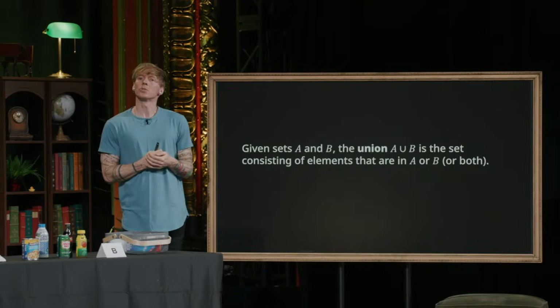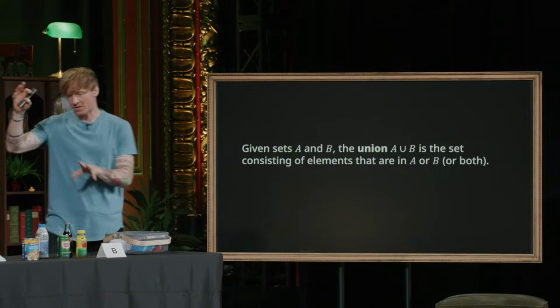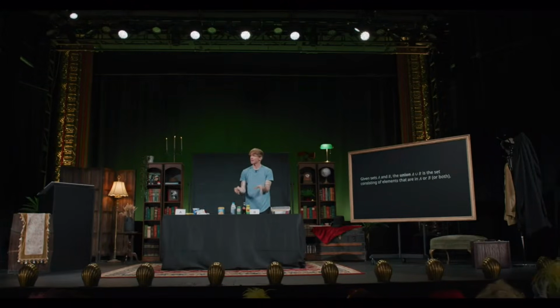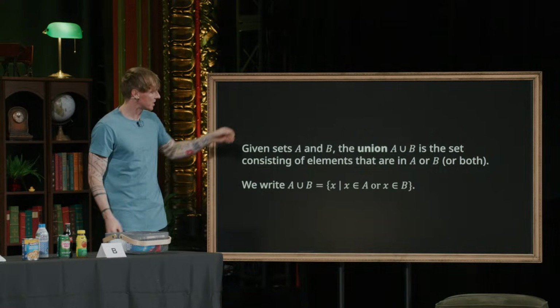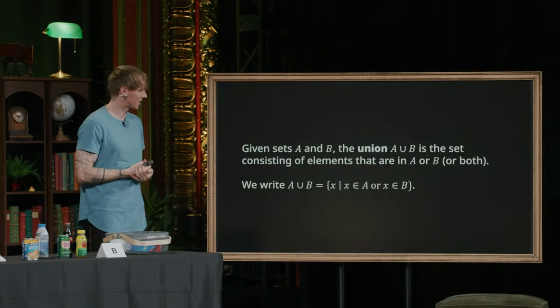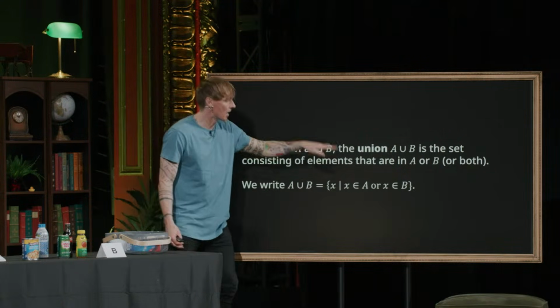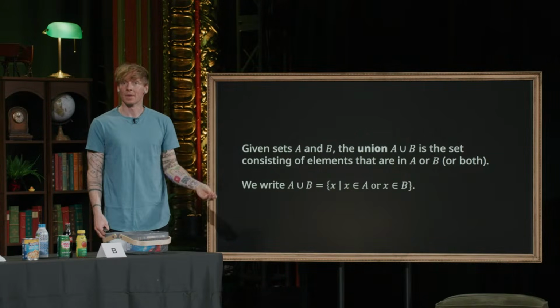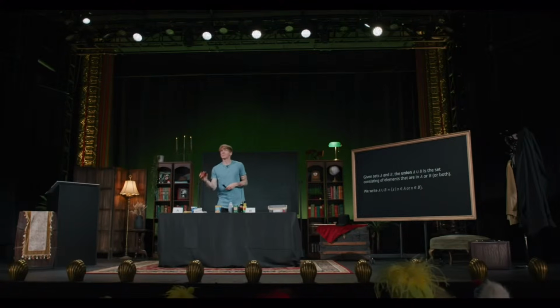We then moved on to talk about the union. I gave the example of the union of the food and the drink together giving us the edible items. The way that we write this, if we have two sets A and B, is we use the symbol U, to be read as union, and we write this as the set of elements x, where those elements are in A or they are in B. For example, the element in A could be my apple.